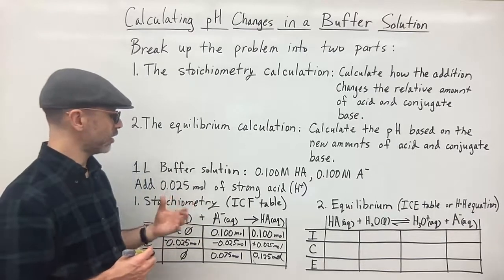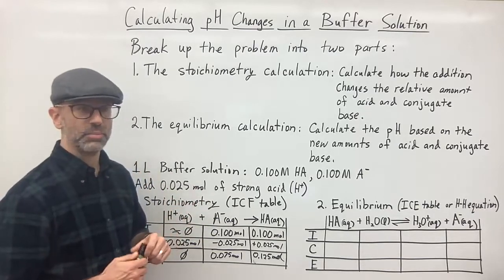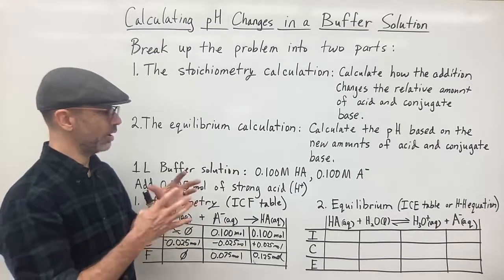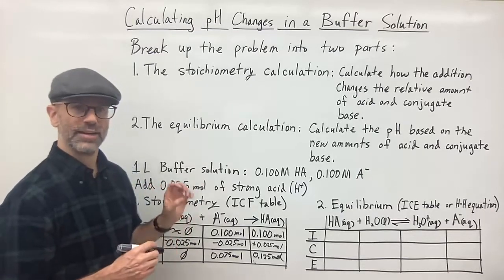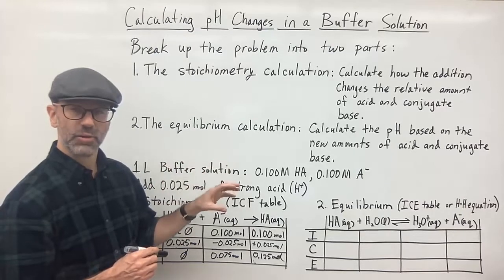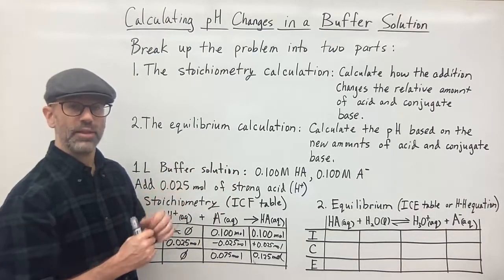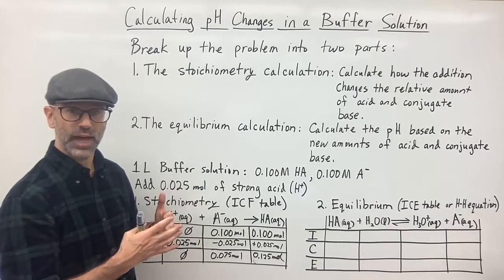So if I have a relatively smaller amount of buffer, and if the amount of acid or base I'm adding does change the volume a bit, then you want to refactor that in.